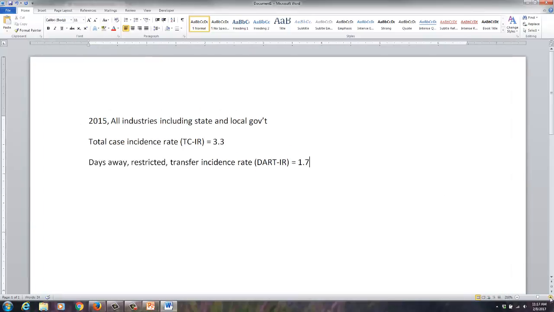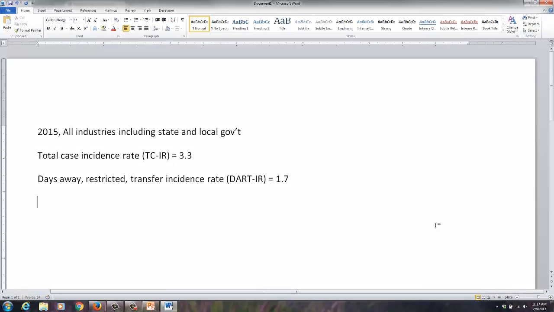I hope you guys can see this. And I want to do the injury ratios. So I had proposed a no lost time to lost time ratio for determination of how things are going. The total case incidence rate, if you recall, includes columns from the 300 log of H, I, and J. H being days away, I being restricted transfer, and J being other recordable, which is more than first aid.